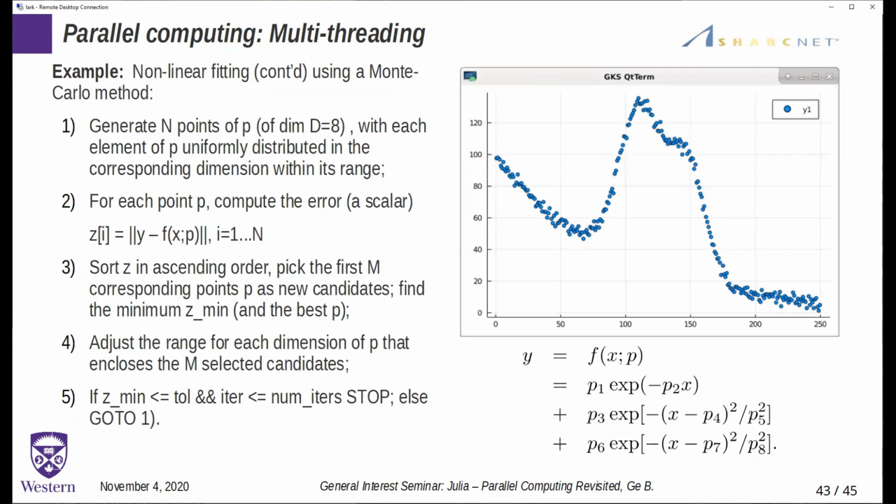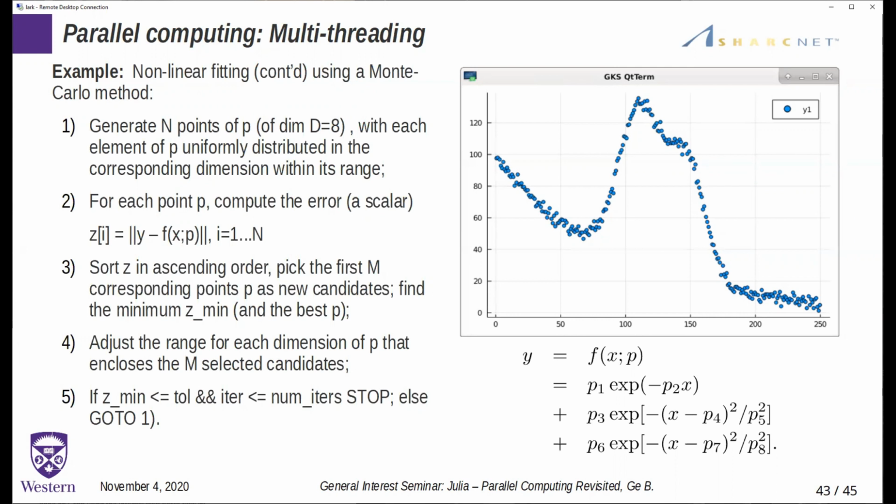Here's a sketch of the algorithm. First, we generate n points of P, where P has a dimension of 8, with each element of P uniformly distributed in the corresponding dimension within its range. For each point P, compute the error Z, and store Z in an array.